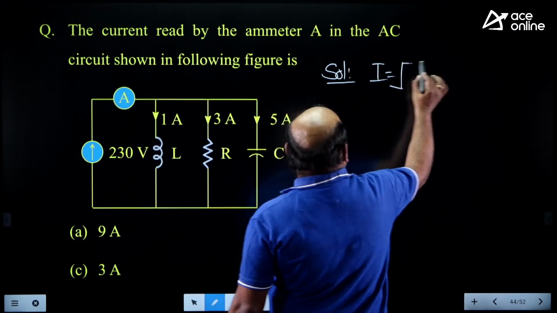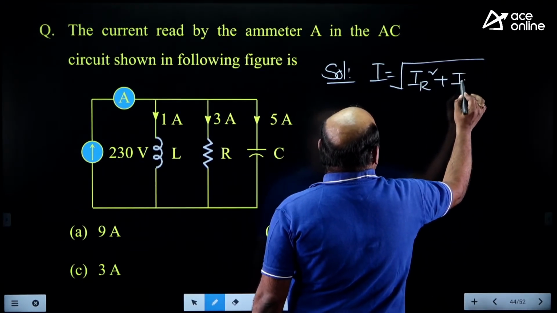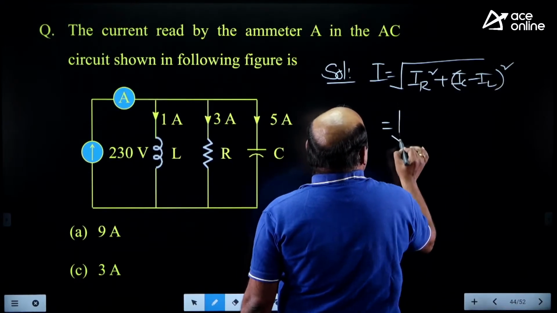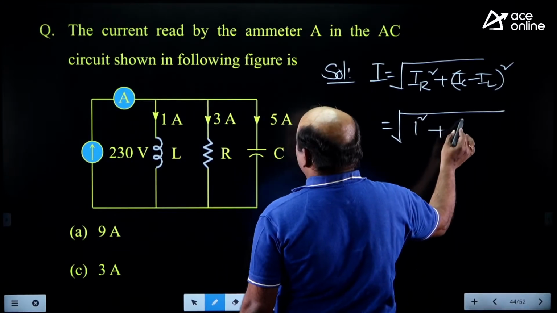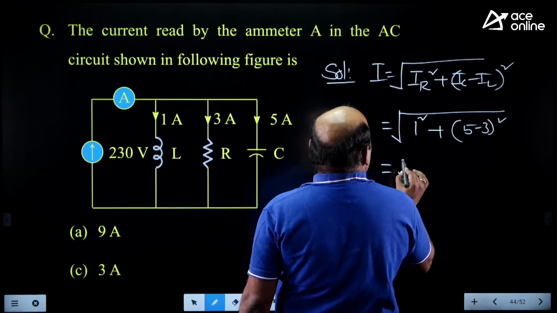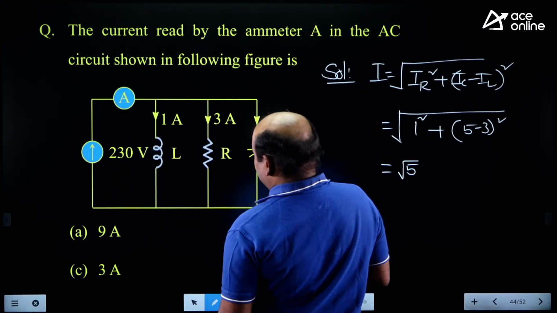I is equal to under root of IR square plus (IC minus IL) whole square. What are we getting? It is 1 square plus (5 minus 3) whole square. What are we getting? 1 plus 4, under root 5.